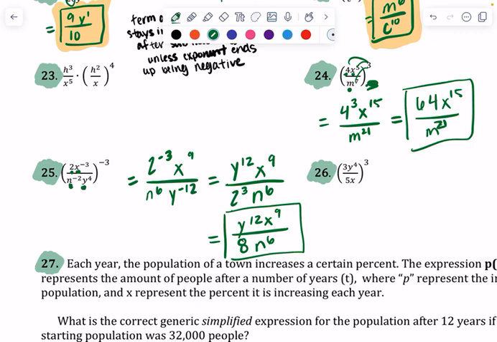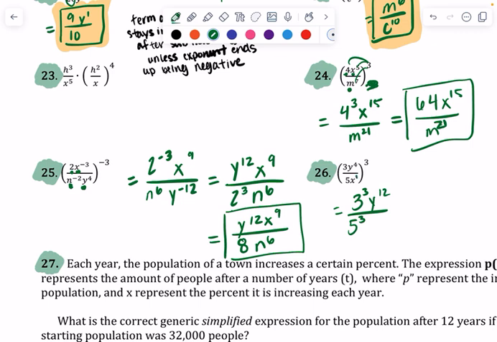All right, one more here. So 26, the 3, the y, the 5, the x, all get the power of 3. So the numbers get the power like 3 to the 3rd. And then we multiply those variables. So 4 times 3, y to the 12th, 5 to the 3rd.